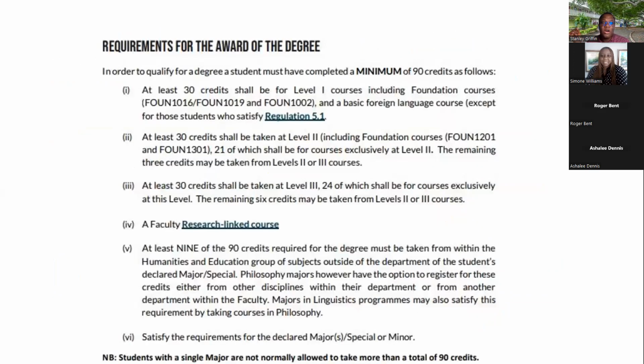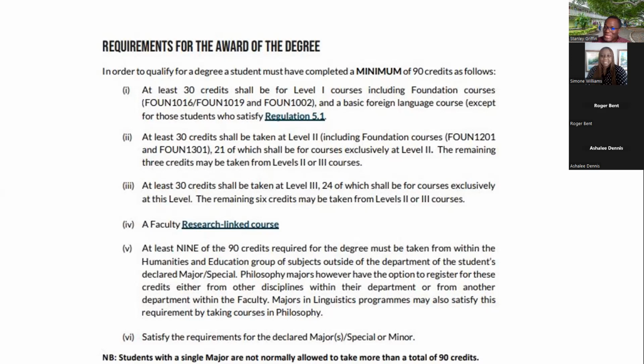Now, I literally copied and pasted from the handbook for your reading convenience. And you will notice here that at the end of each year or at the end of each level, you need to have a number of credits, which will include your foundation courses, your foreign language, if you have to do that, and so on and so forth.